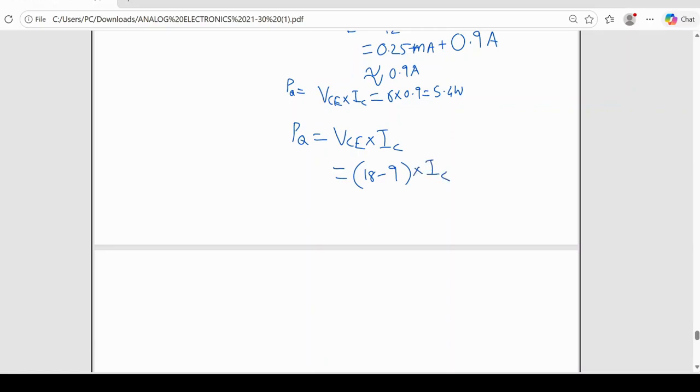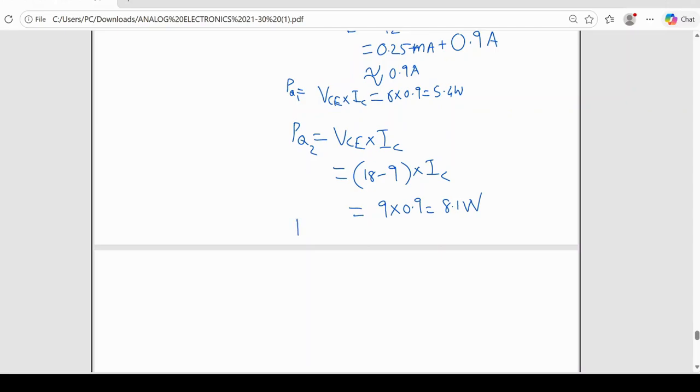IC is not going to change, so it is 9 into 0.9, or 8.1 watt. Let me put this as PQ1, and this as PQ2.